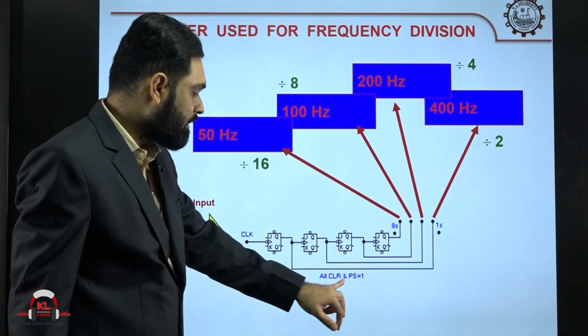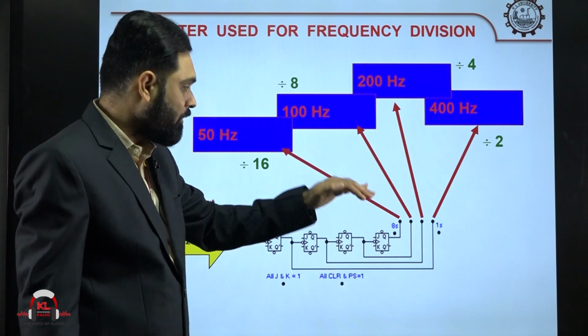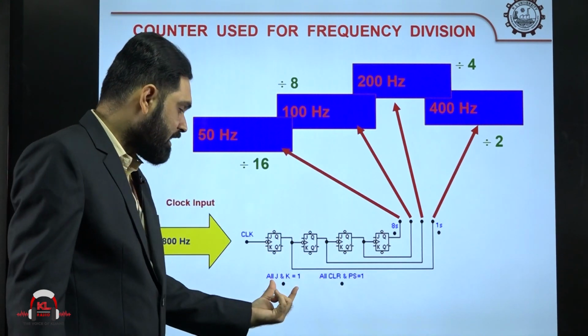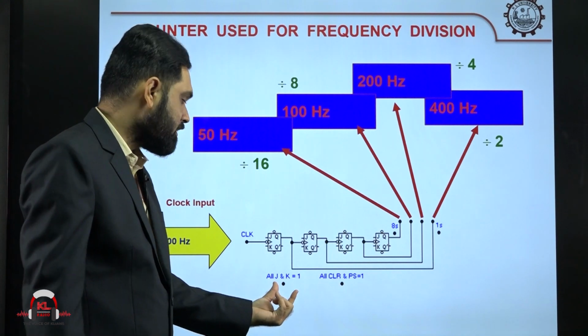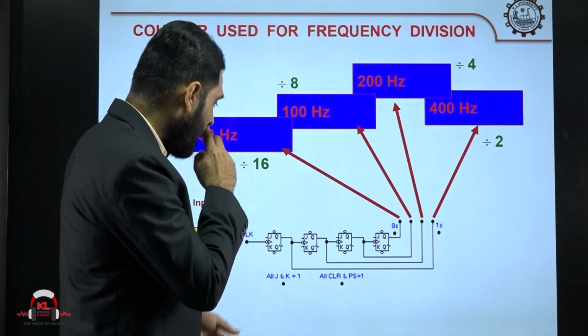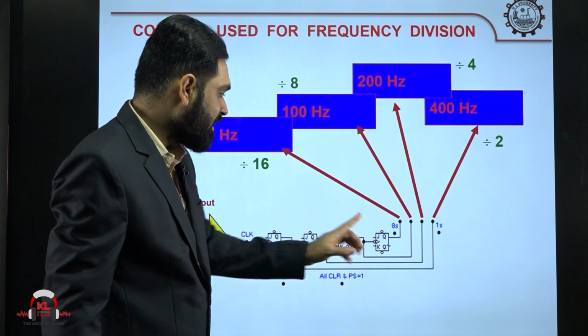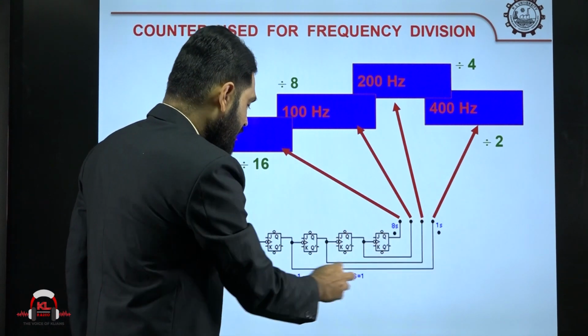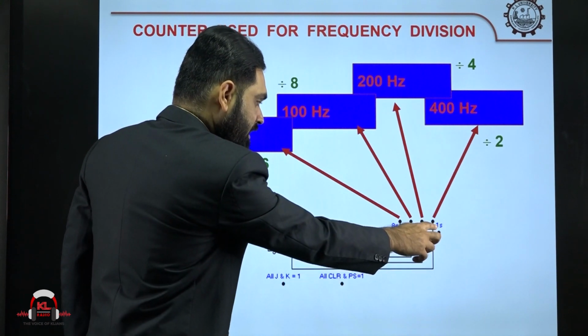First you have to make all clear and preset values 1, then the flip-flop will not be cleared and will not be set, and all J and K should be connected to 1. Just look here, all these J and K inputs are connected to logic 1.